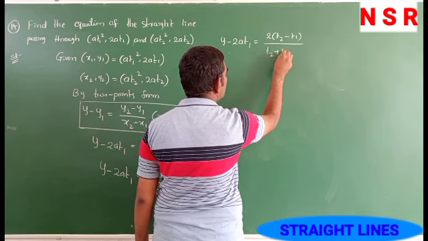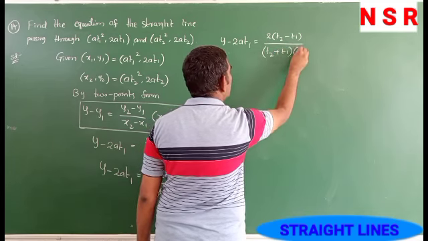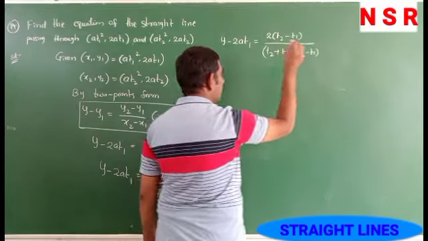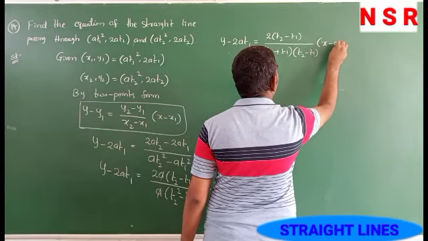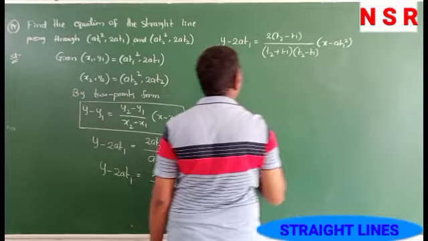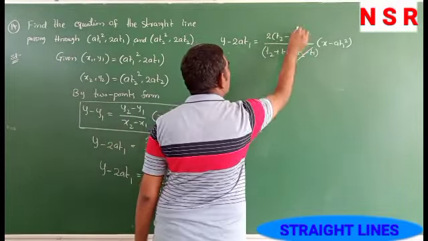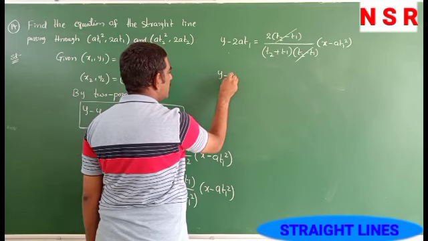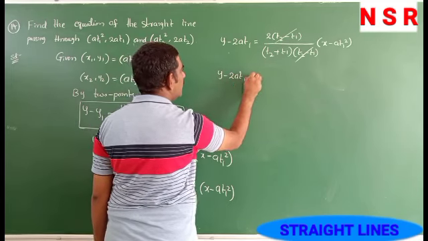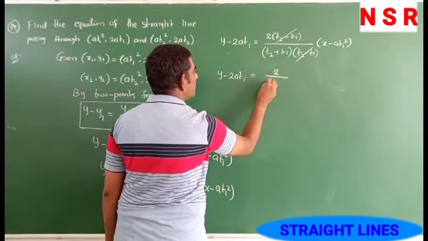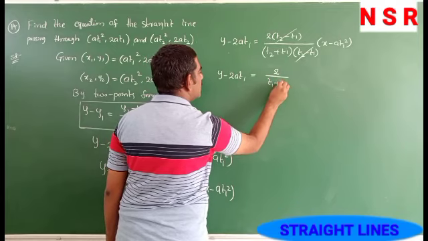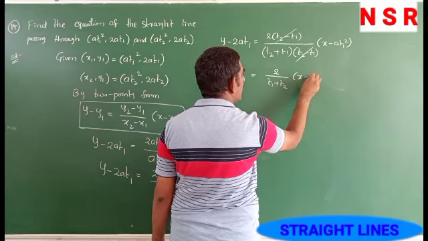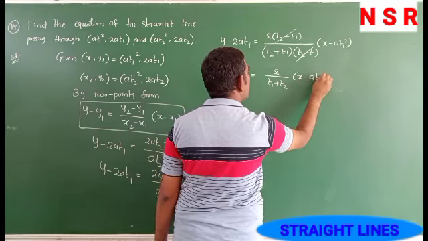Now t2 plus t1 into t2 minus t1 into x minus a t1 square. t2 minus t1 and t2 minus t1 get cancelled, y minus 2a t1 equal to 2 by t2 plus t1, we can write as t1 plus t2, into x minus a t1 square.